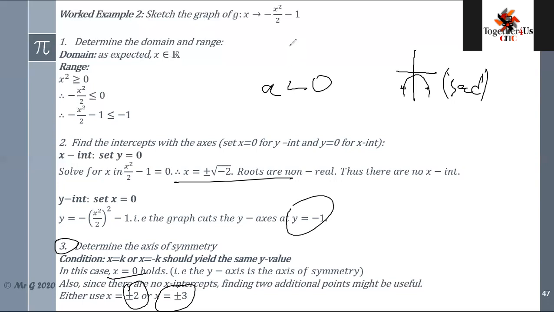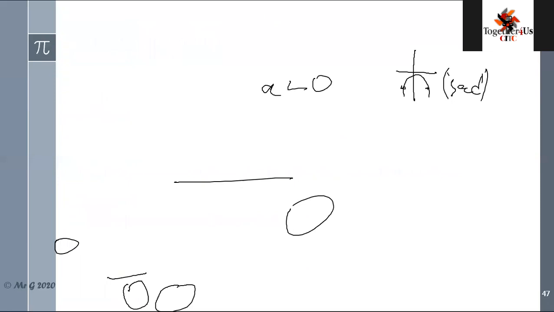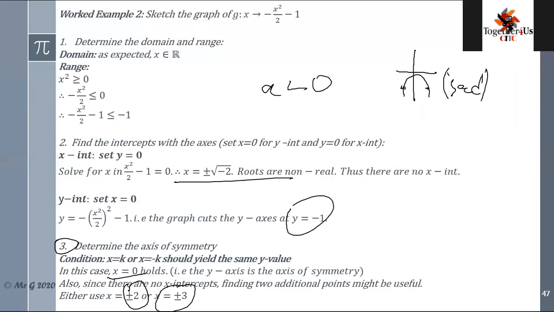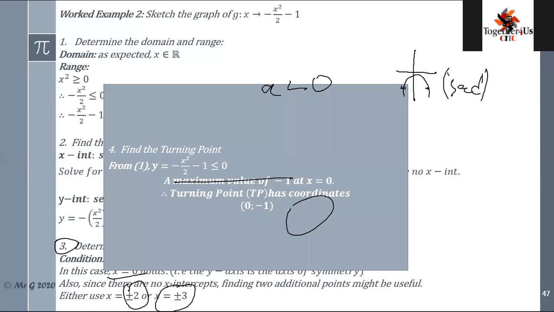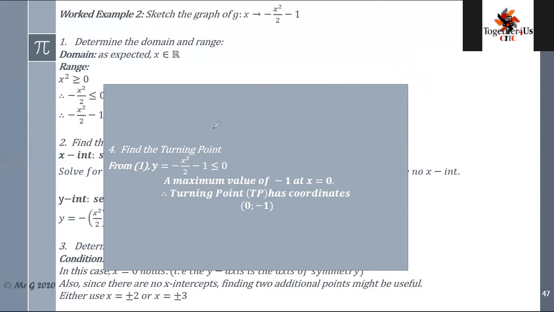And so let's look at the fourth condition. The fourth condition is that you must find the turning point. Let's see what the turning point is. Here, as you can see, we always take it from the range. I'm sure you would have noticed that is the routine.